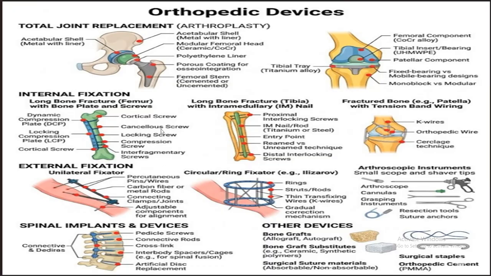Cortical screws, cancellous screws, locking screw, compression screw, interfragmentary screws, locking compression plate, dynamic compression plates. If the documentation contains all these types of screws or plates, you need to consider it as internal fixation.